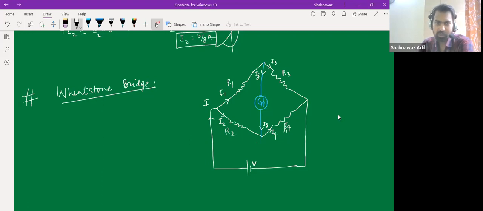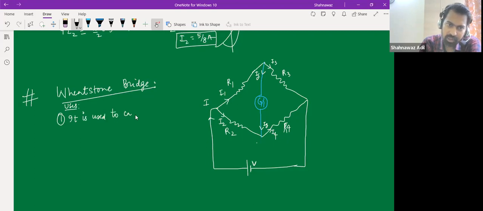So what is the use of this Wheatstone Bridge? The first is that it is used to calculate an unknown resistance.